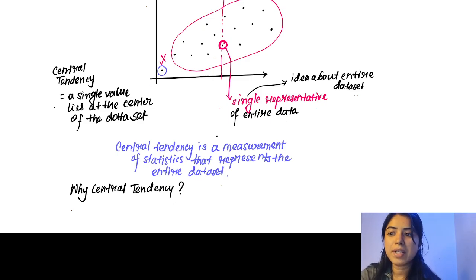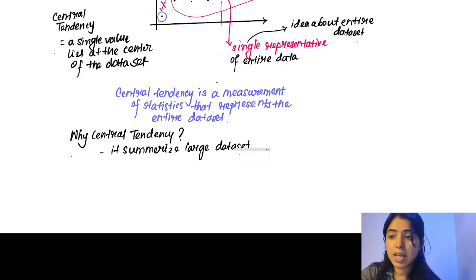Central tendency summarizes the big data set, and because you are getting the idea, it will help you take quick decisions also.